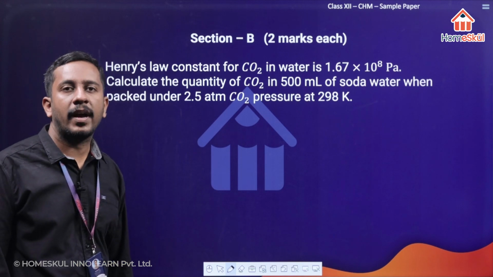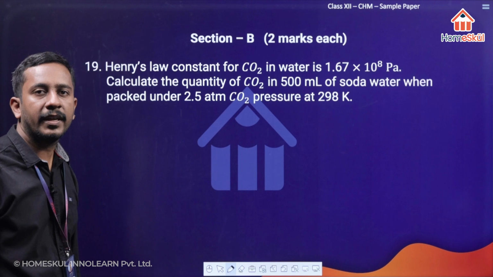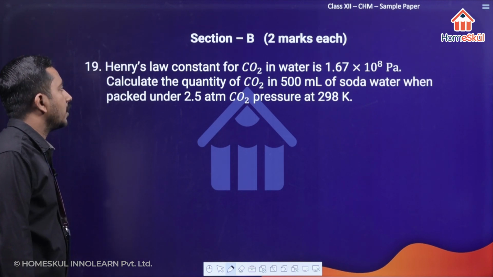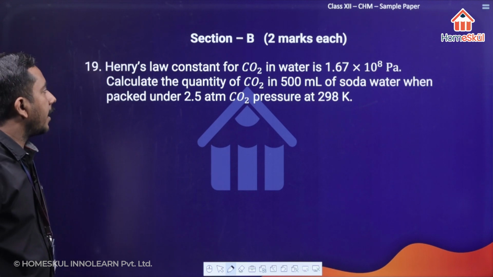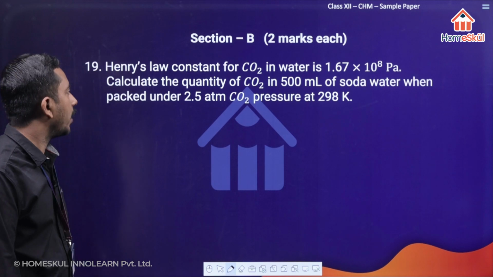So in this section we will have to answer 2 mark questions. So we are starting off with the numerical problem. So let us see how we are going to solve it. The 19th question. The Henry's law constant for carbon dioxide and water is 1.67 into 10 raised to 8 pascals.